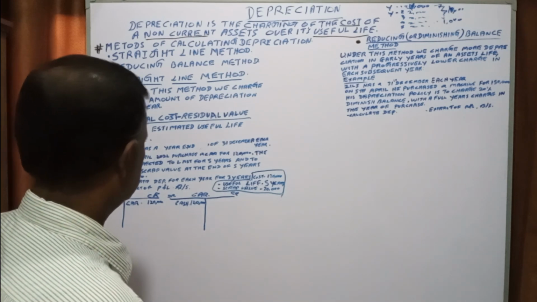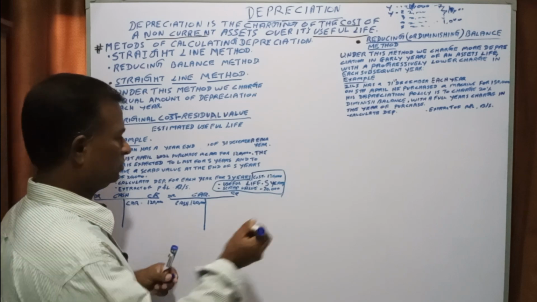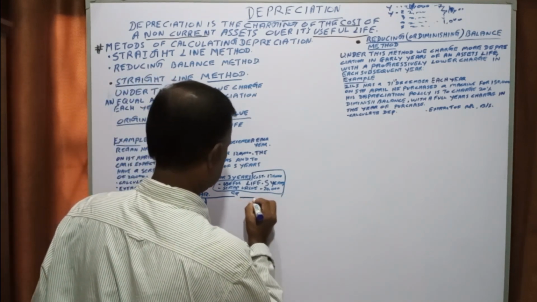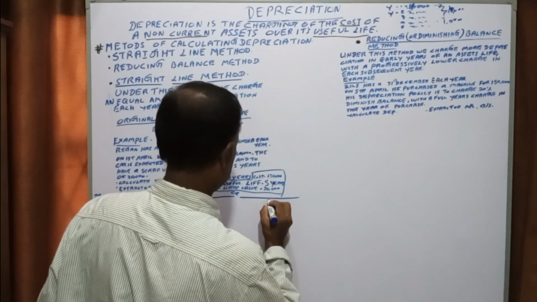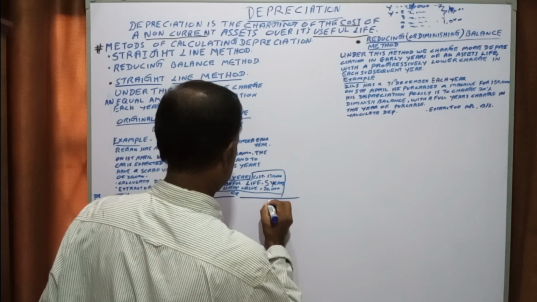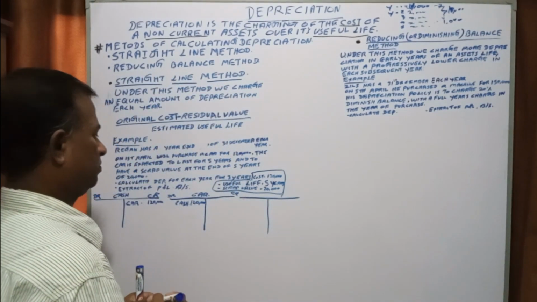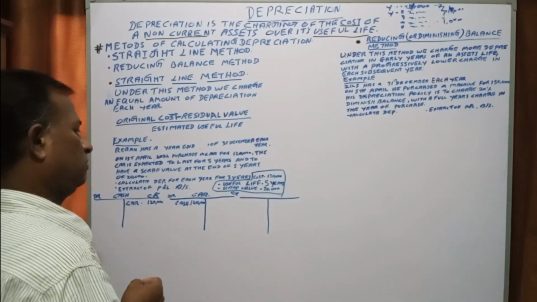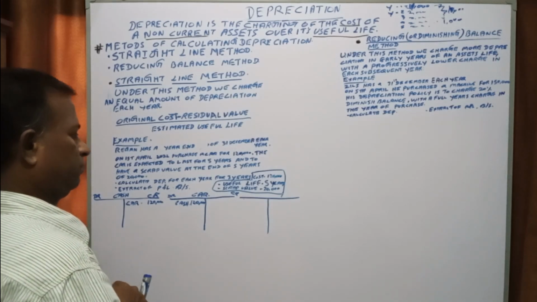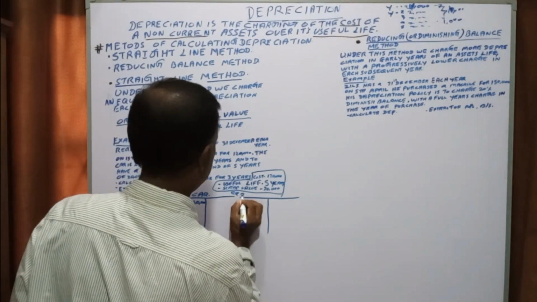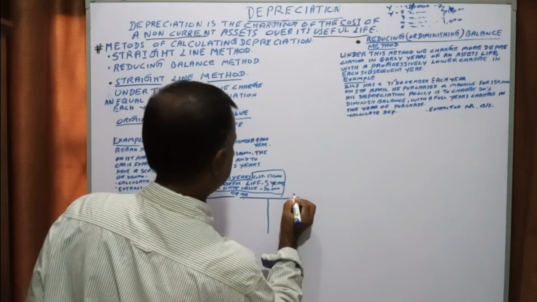So I'm going to open a depreciation account, with debit and credit.